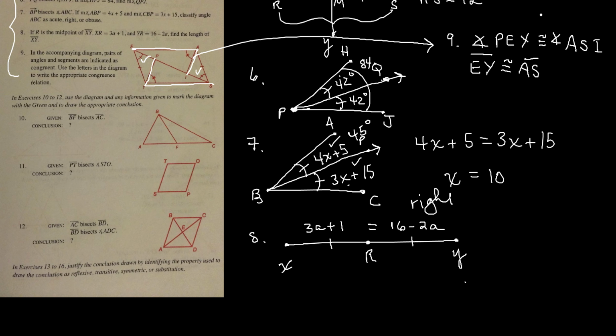When you use the congruence symbol, you put the line over the segment. If you're going to use the equal symbol, you do not put the line over the segment. This refers to an actual distance, like 3 equals 3. This is just the image. The EY fits exactly on top of AS no matter how long it is.